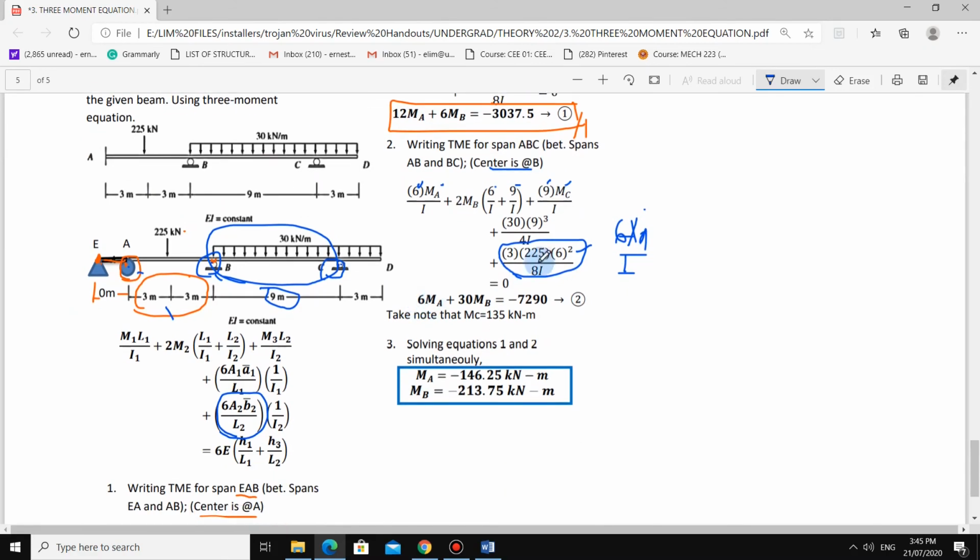W times L cube over 4I. So this will be our 6A B bar over L.